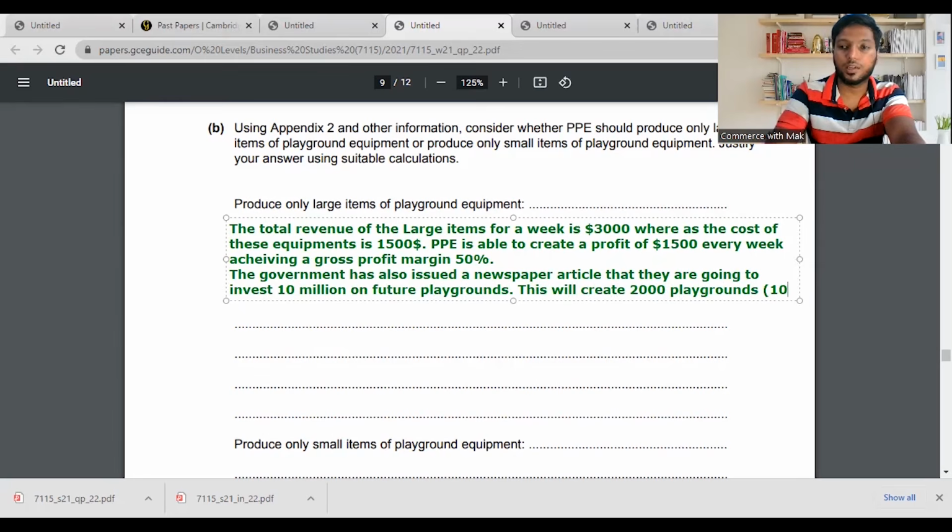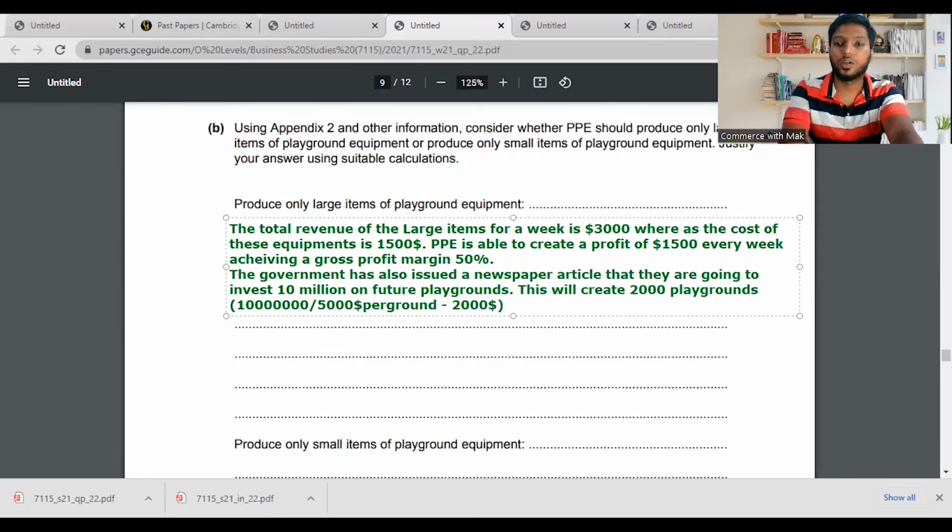So I'll write here 10 million. How did I get this 2,000? 10 million divided by $5,000 for each playground will give you a value of 2,000. If you want, you can show this. If not, it's not a mandatory thing to show. This will create 2,000 playgrounds: 10 million divided by $5,000 per playground.